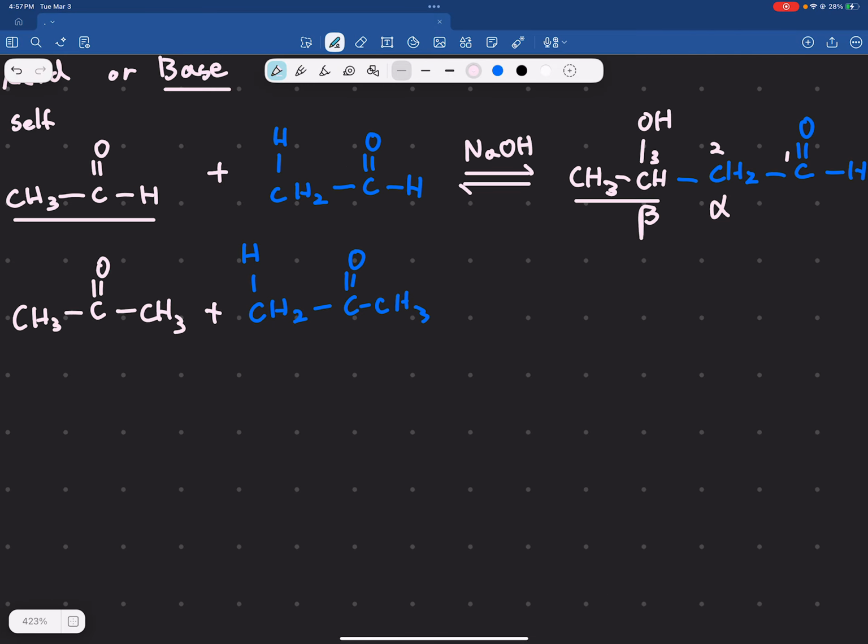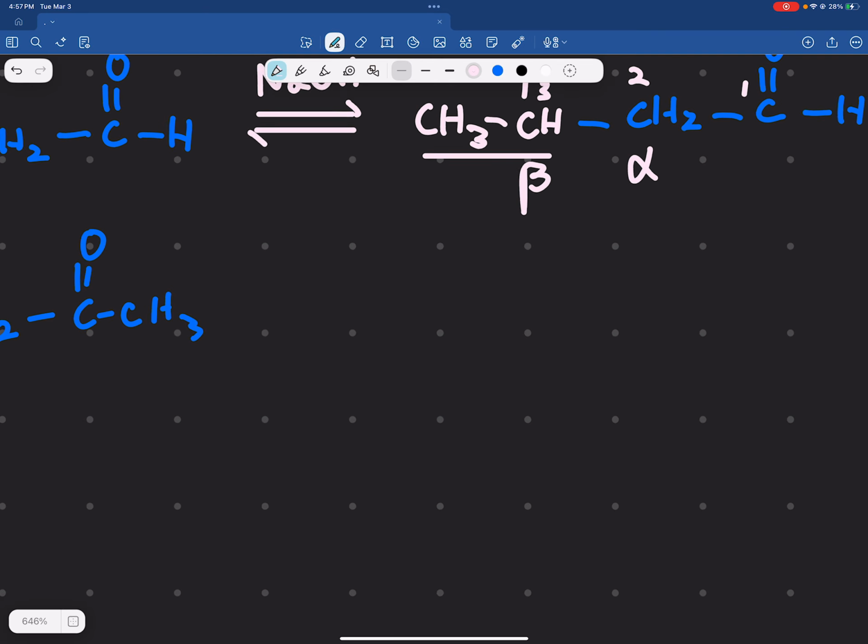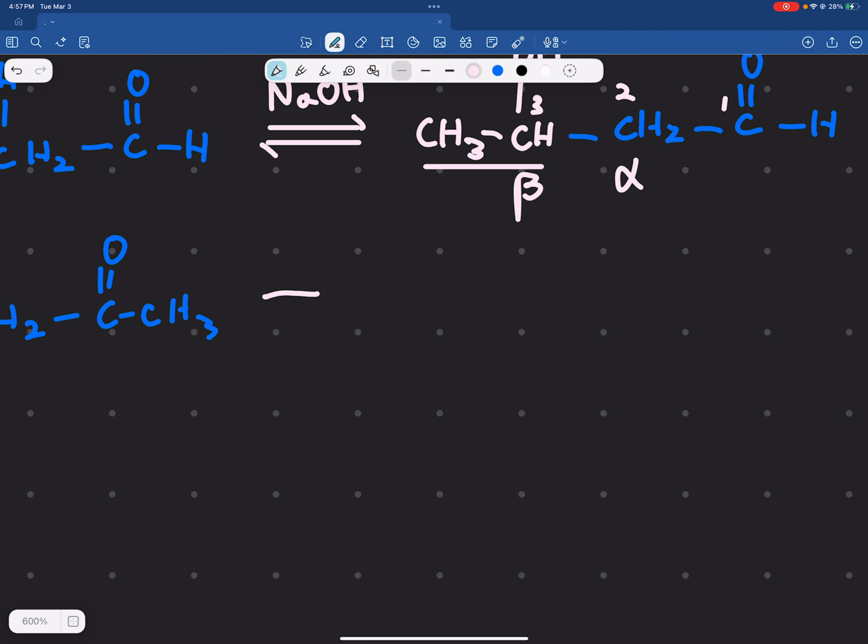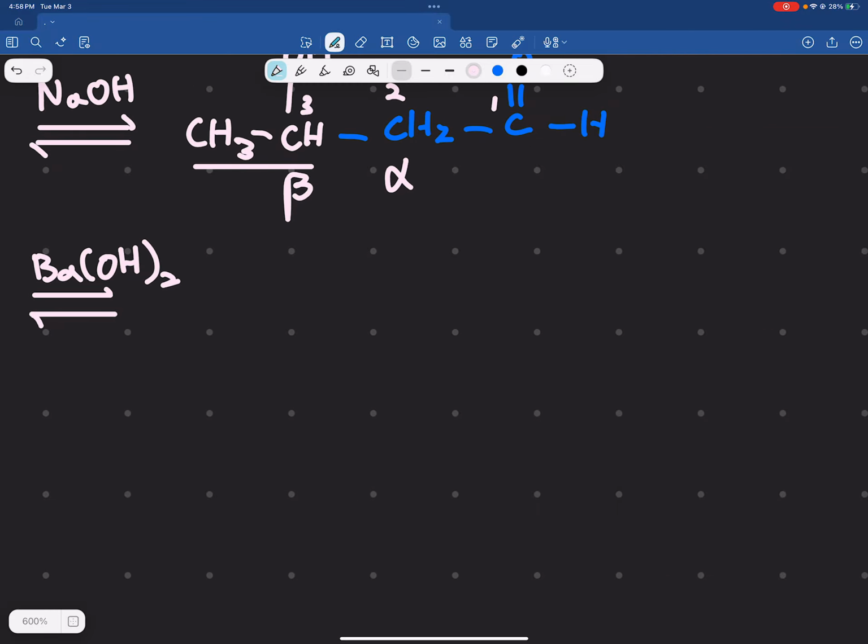Both of these are acetone, and this can undergo an Aldol reaction in the presence of a base. It doesn't matter what base. It can be barium, sodium, lithium, anything. And it's going to undergo an Aldol reaction catalyzed by that base. So the product will look like this.